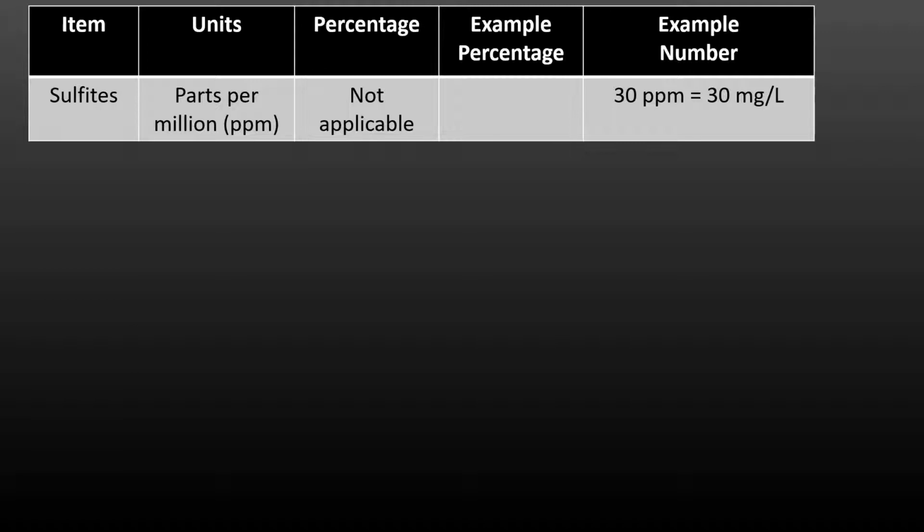Sulfites, we express in parts per million. So parts per million, we abbreviate ppm. And parts per million are just milligrams per liter. All right, so there's that prefix, milli, that I said we wanted to know. And 1 milligram equals 1/1000th of a gram. So 1,000 milligrams equals 1 gram.